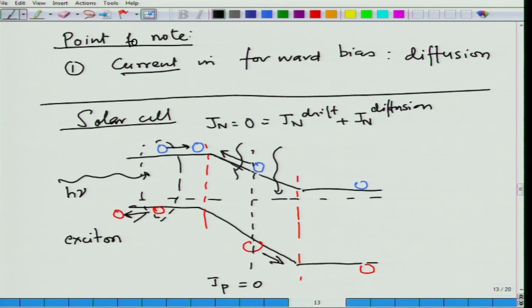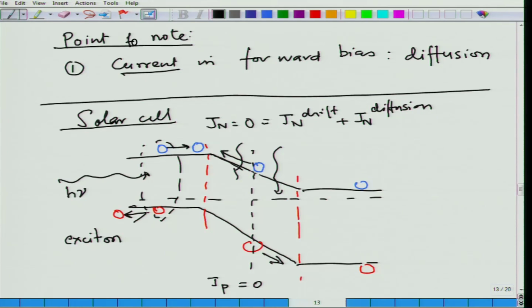So, in order to work as a solar cell, it is important for a p-n diode device that the electron and holes are generated in the depletion zone, and hence when we are making the design of the device, it will be important to know what is the dimension of the depletion zone with respect to the dimension of the area which is beyond the depletion zone.